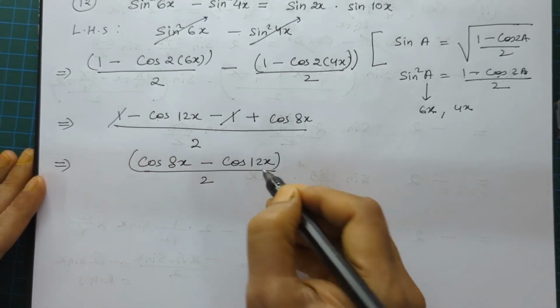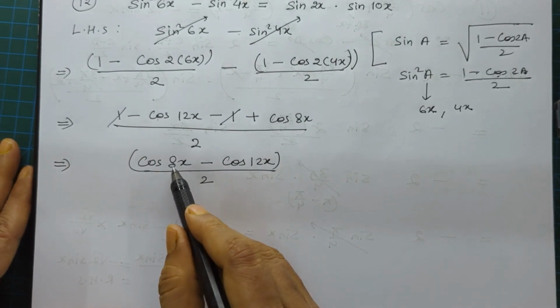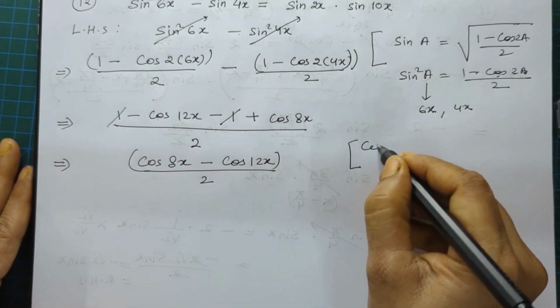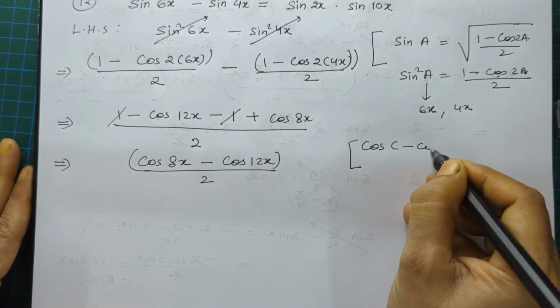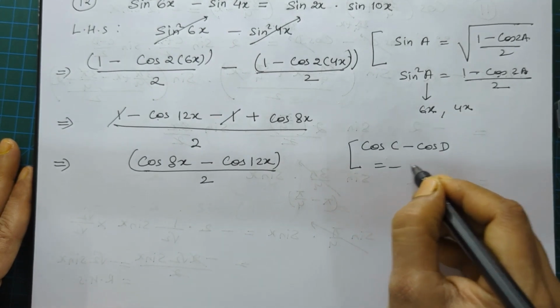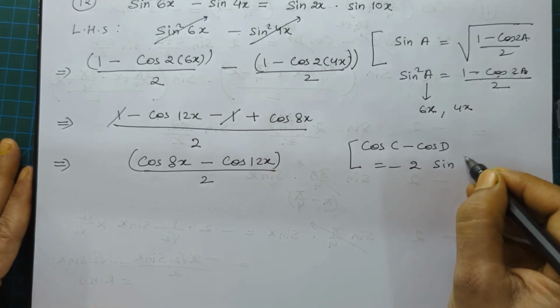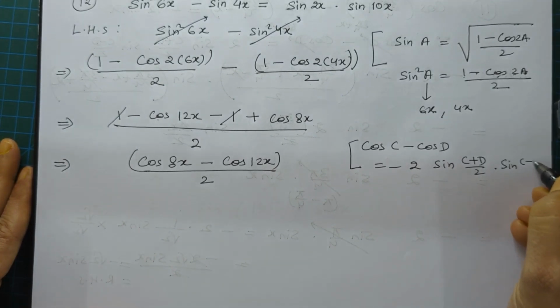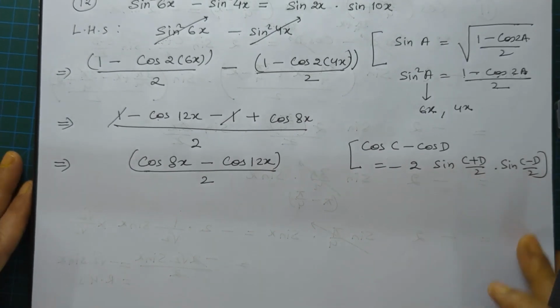Now the numerator is in the form of cos C minus cos D. Then we have the identity cos C minus cos D as negative 2 sine (C plus D) by 2 times sine (C minus D) by 2.